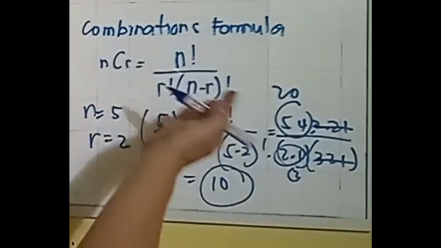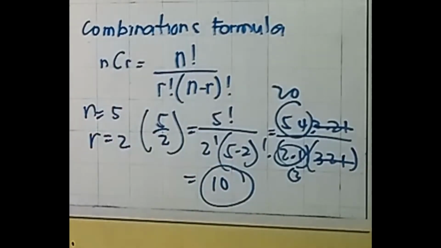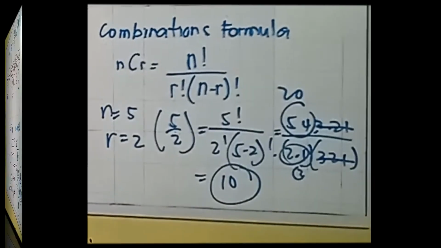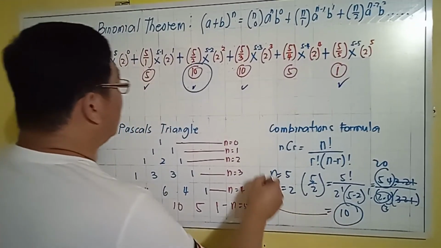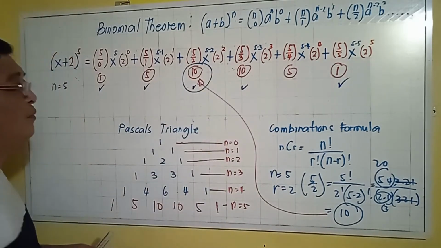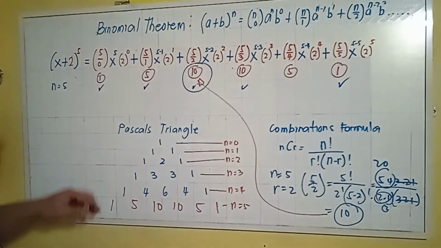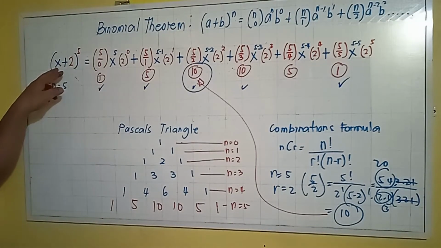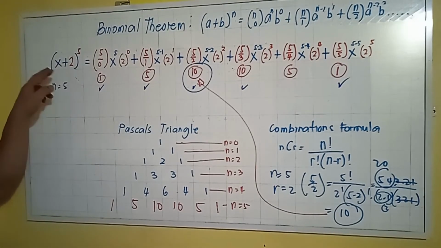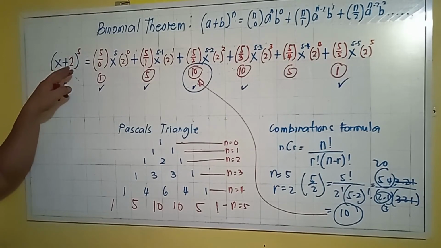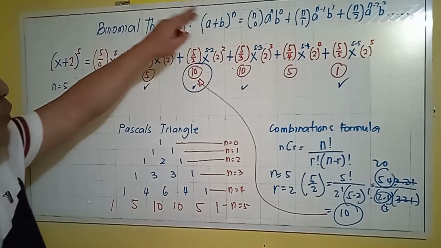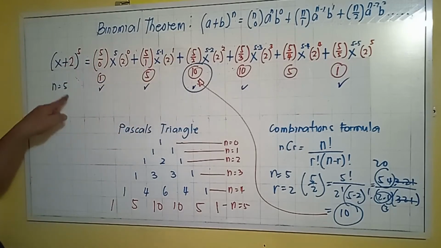Meron tayong formula sa calculator wherein n factorial or x factorial. And finally, hanapin na natin yung variables or yung x saka yung 2, or hanapin natin yung a and b. In this given formula, we have n is equal to 5.